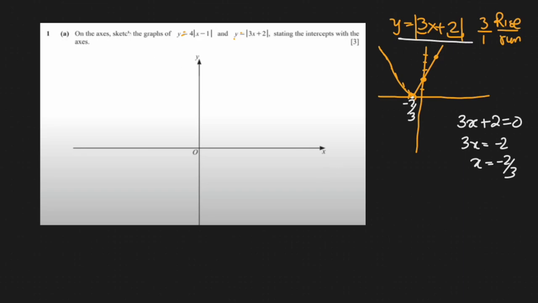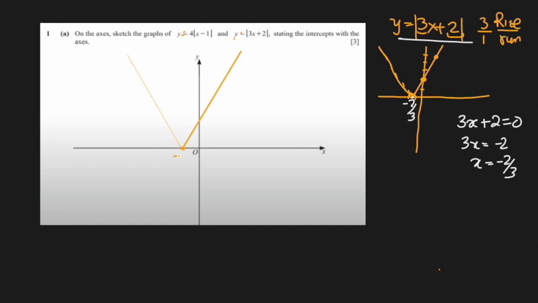What are they saying? Just draw them. So I am drawing it, stating the intercept with the axis. I know that minus 2 over 3 is somewhere here and 2 will be somewhere here. So I'll just draw it like this. I will label the axis now.